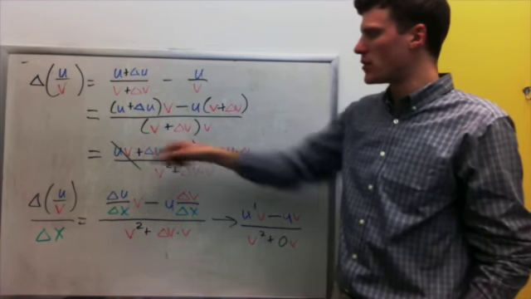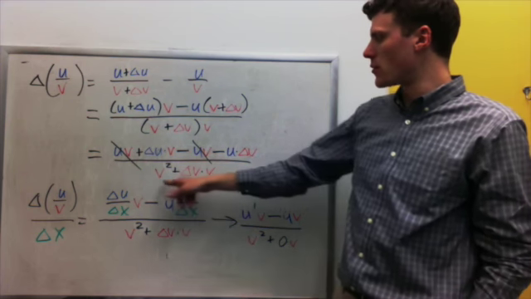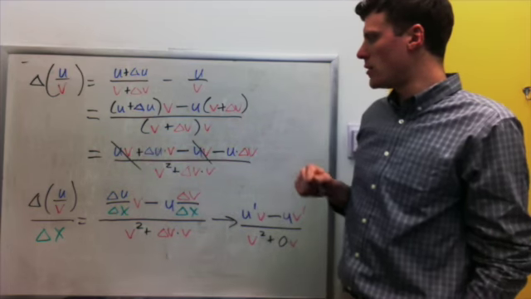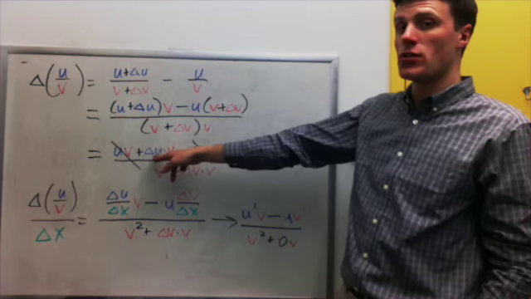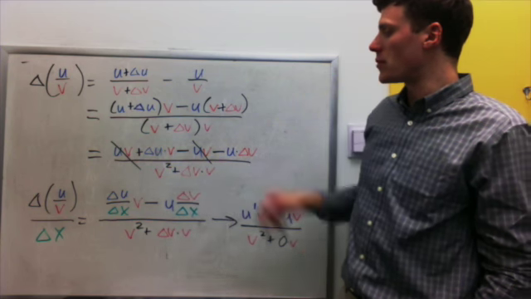I get UV plus delta U times V minus UV minus U times delta V over V squared plus delta V times V. UV minus UV cancels out, so I'm just left with delta U V minus U delta V over V squared plus delta V times V.